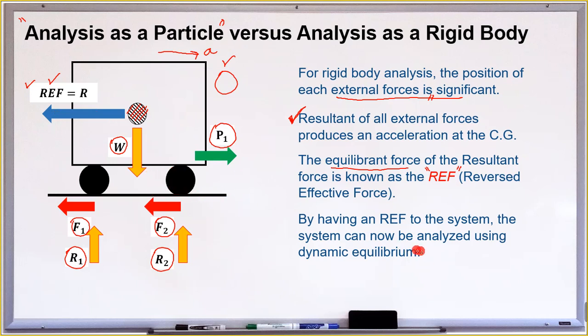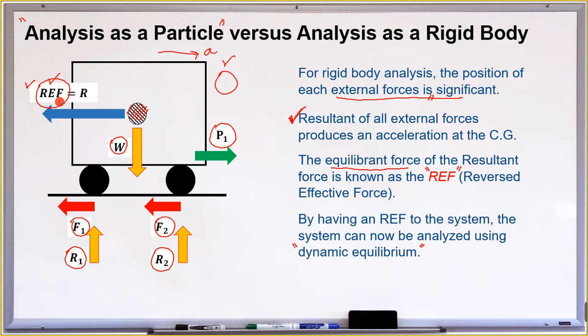And after this one, you are now ready to analyze this using dynamic equilibrium. So meaning, gi-assume lang nga wala nay net force. Okay? Wala nay net force because of this reverse effective force. Kung ato ni tangtangon, okay, naa siya net force. Kung ato ni ibutang ang REF, wala siya net force because REF siya ang nagdala sa net force.